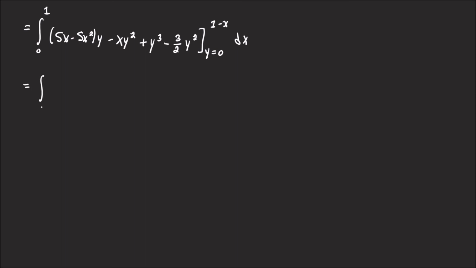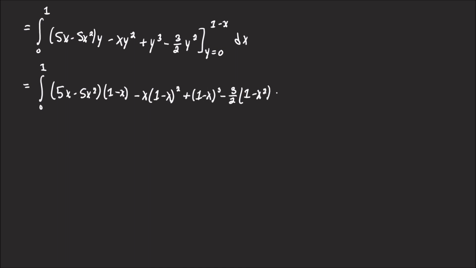So this is the integral from 0 to 1 of 5x minus 5x squared times 1 minus x times 1 minus x squared plus 1 minus x cubed minus 3 halves times 1 minus x squared dx.